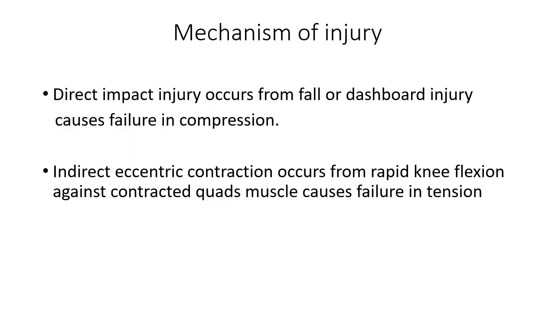The mechanism of injury of the patella is either direct impact injury, which occurs from a fall or dashboard injury and causes failure in compression, or indirect eccentric contraction, which occurs from rapid knee flexion against contracted quadriceps muscle, which causes failure in tension.